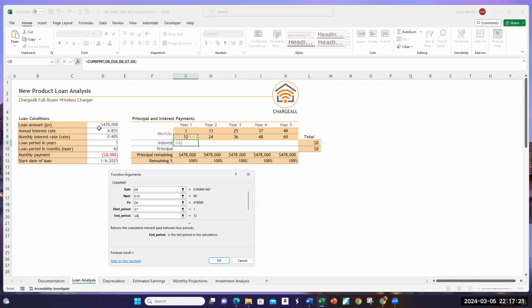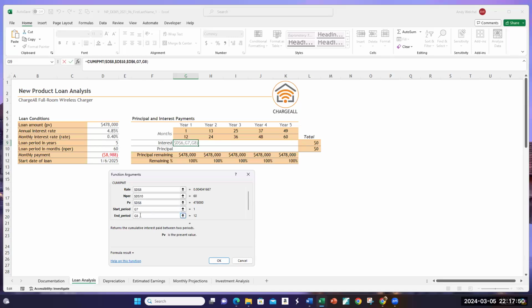So this D8 right here, we need to freeze it. Some of you can click on it and hit F whatever. Is it F2? No, F4. Yeah, mine doesn't work like that. Just put the dollar signs in front of that. So everything over here in the left section, you've got to freeze it because when you drag it across, you're going to wish you had.